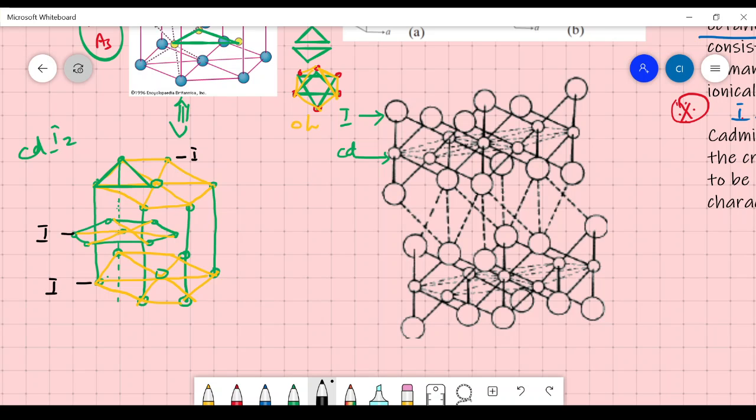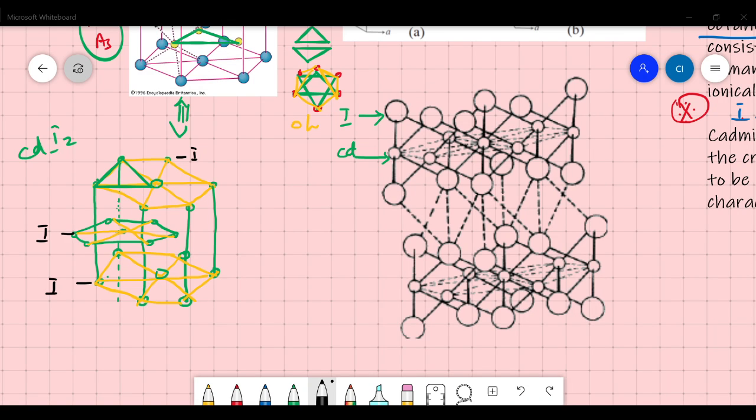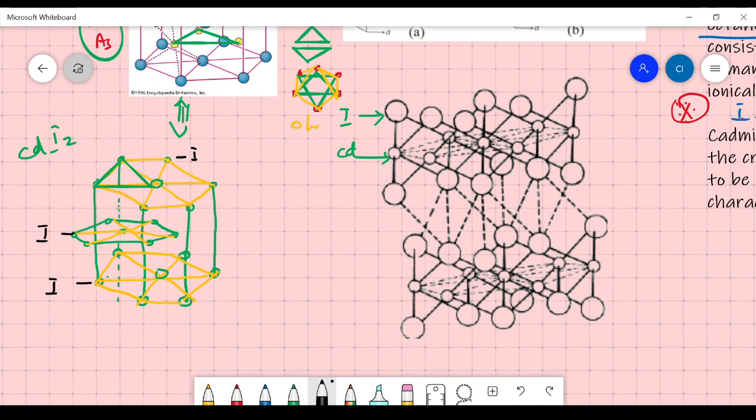Just a minute, I'm going to switch. Okay, so here is the... I'm just going to draw one more thing here. Where should I put it? Yes, here. Okay, iodine layer here. Or rather, I will put another iodine layer here.